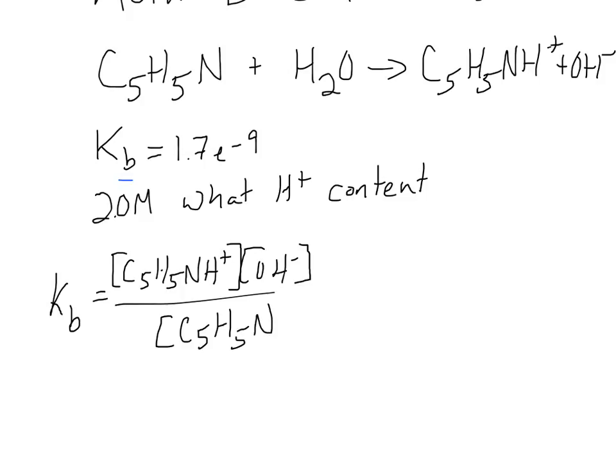And then you can set up your ICE chart over here. I'm just going to put this on top here of our ICE chart. And this is an equilibrium, so the arrows can go in both directions.